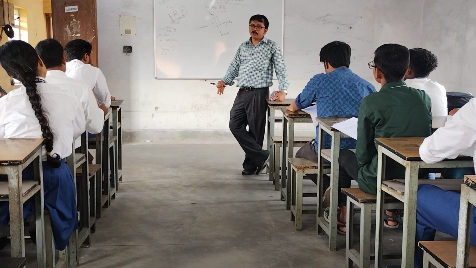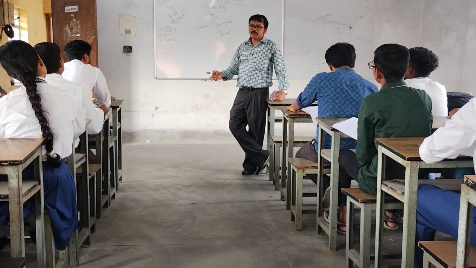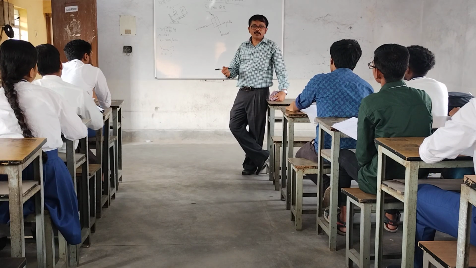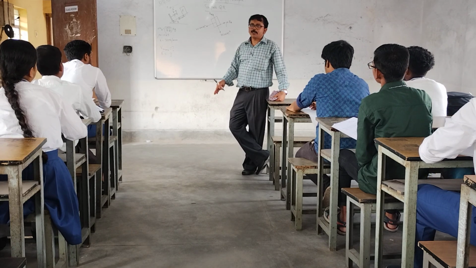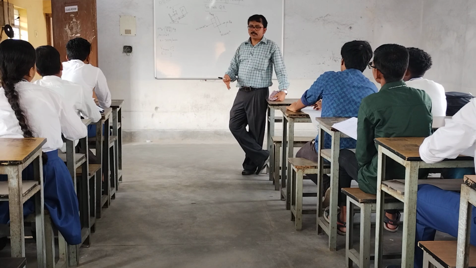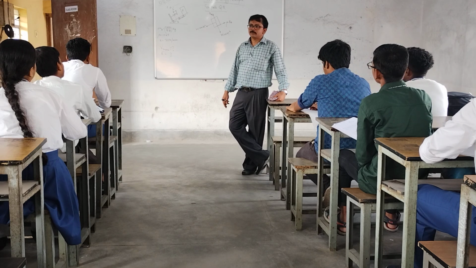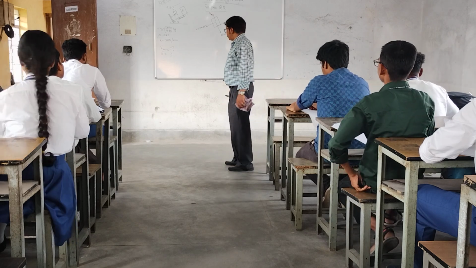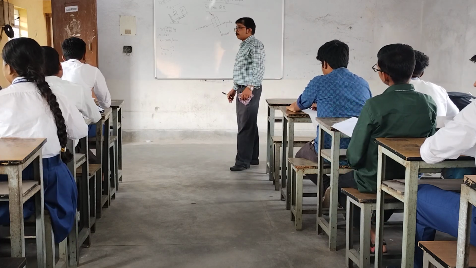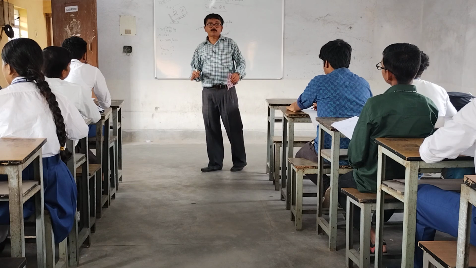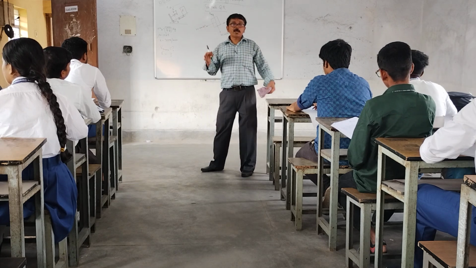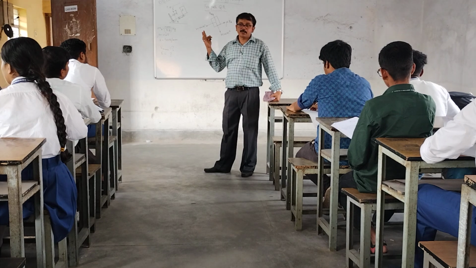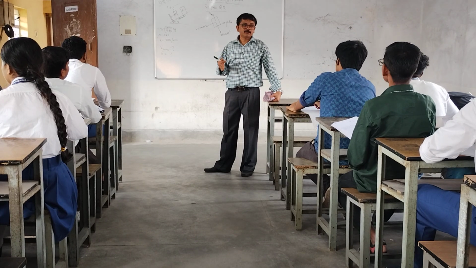If you don't study properly, this happens. Once you lose marks, it is very difficult later because you will not get time. In the fourth semester there are more numerical subjects like fluid mechanics and strength of materials.